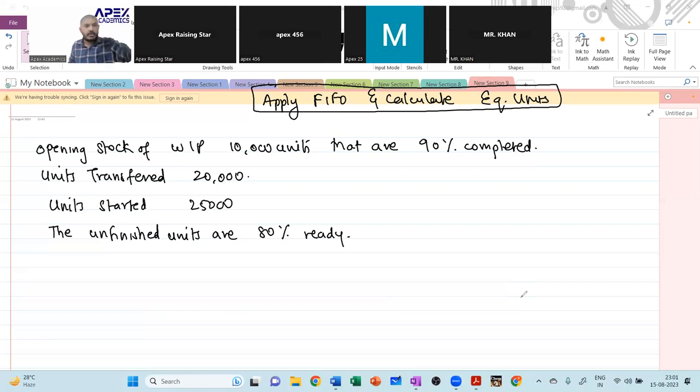Got it? Now, I repeat. There were 10,000 units. They were 90% ready. When I start my production, I will work on the balance 10%. The balance 10% of those 10,000 units can be said to be that I have as good as worked on 1,000 units.